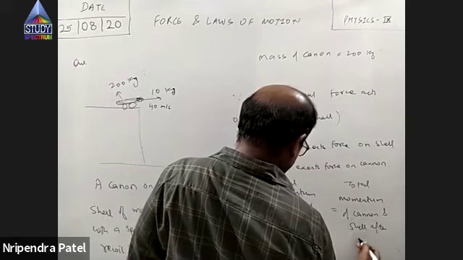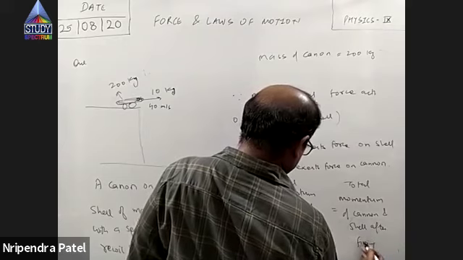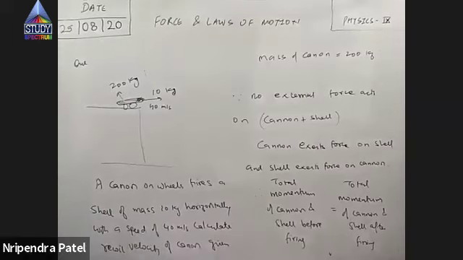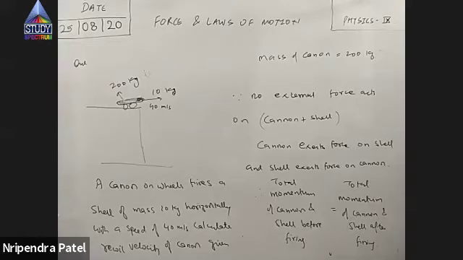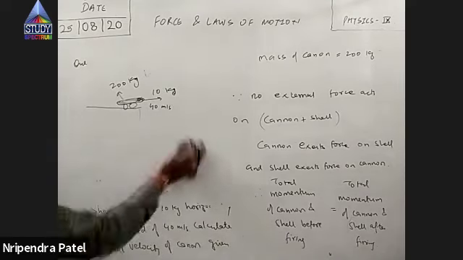Convinced with this? Is this statement clear to you? Yes, sir. So cannon plus shell momentum before firing should be the same as cannon plus shell momentum after they are fired.